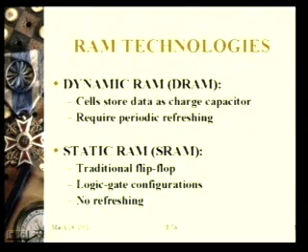Static RAM or SRAM is the traditional flip-flop type, logic gate configuration, and no refreshing is required. These are as good as the speed of your CPU. There is a gap of around a factor of 5 to 10 times slower. Dynamic RAMs are slower. Static RAMs are as fast as your processors, and that's why cache is made of static RAM, whereas main memory is made of dynamic RAM.